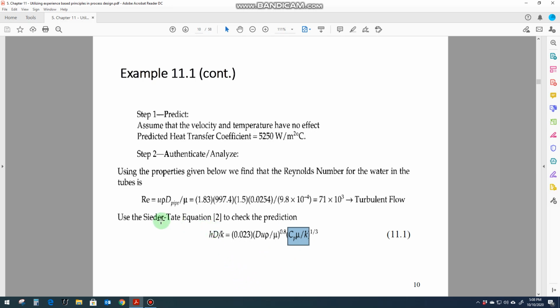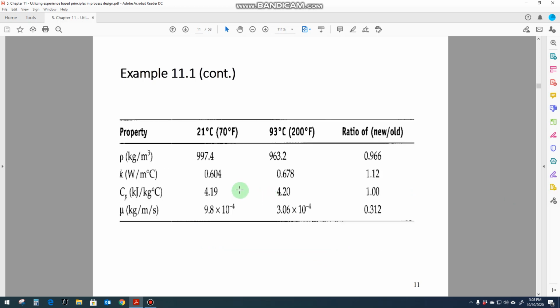We will use this equation, the Dittus-Boelter equation, which can be used if the value of the Reynolds number is greater than 10,000. The Reynolds number is already greater than 10,000, so we can use this equation to get the value for the heat transfer coefficient. Now what we have here from the book, we have this data already.